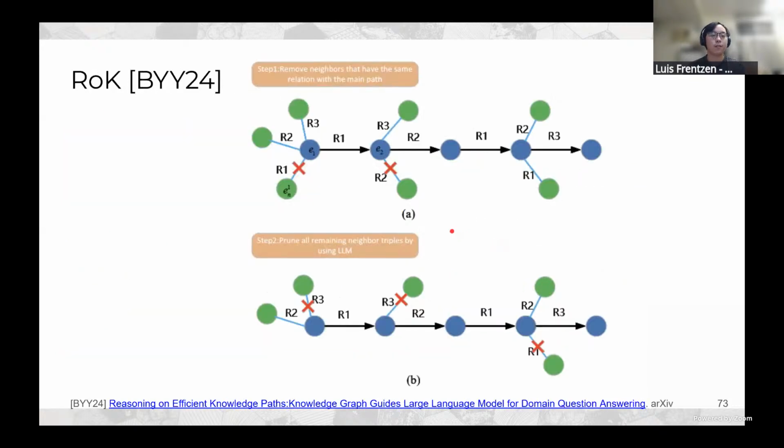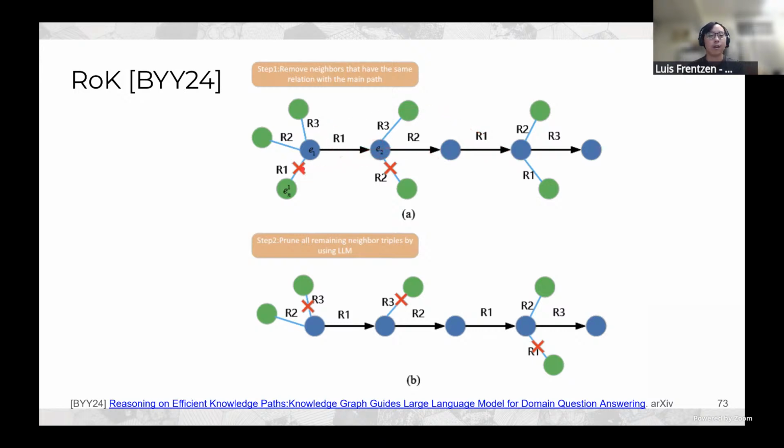And this is another example from the ROK paper. In this paper, they also do it with an LLM, but in this case they are not scoring the nodes, they are scoring the edges. For example, an edge represents a relationship, and they first deduplicate the duplicate relationships.